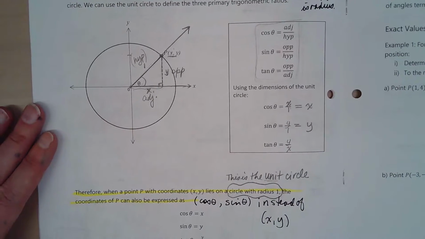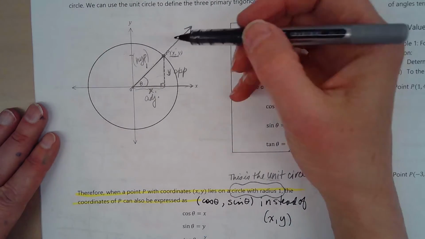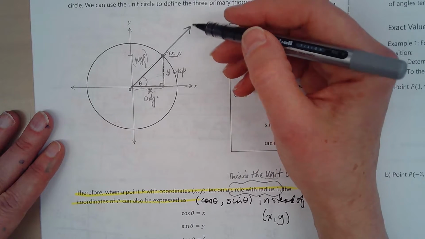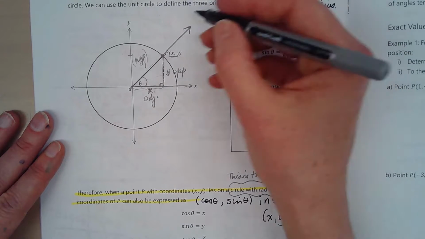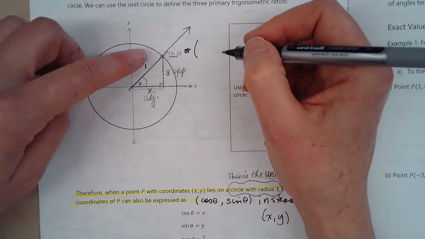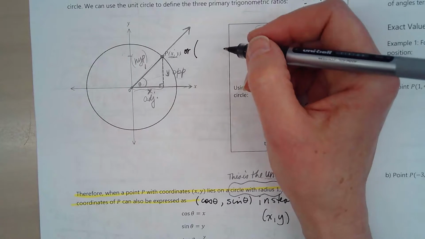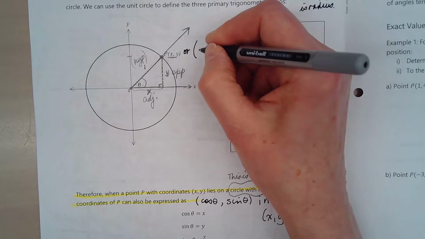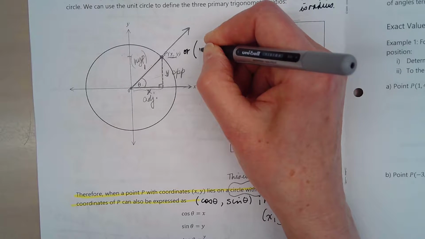Okay, so let's go back. See this P, the coordinates are x, y. Yes, that's true. There's no disputing that. But as long as P is a point at the intersection of the terminal arm of the angle and the unit circle, we can say the coordinates of P are cos theta, sine theta.